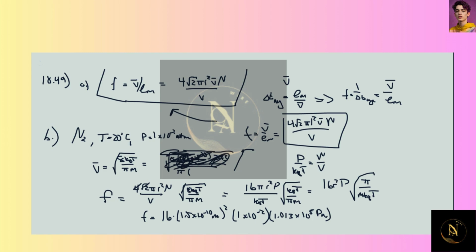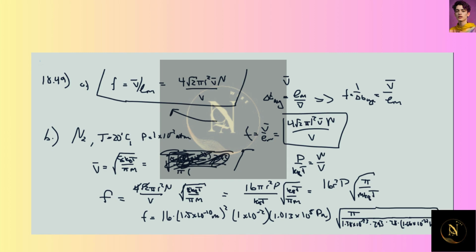So that's 16 P r squared times the square root of pi over 1.38 times 10 to the negative 23, times 293 Kelvin, times the molar mass, which is 28 grams per mole, and then converting to kilograms is times 1.66 times 10 to the negative 27 kilograms.